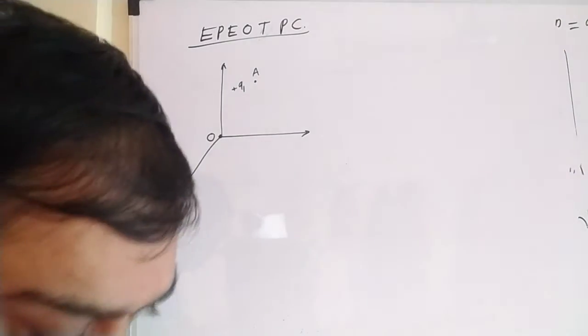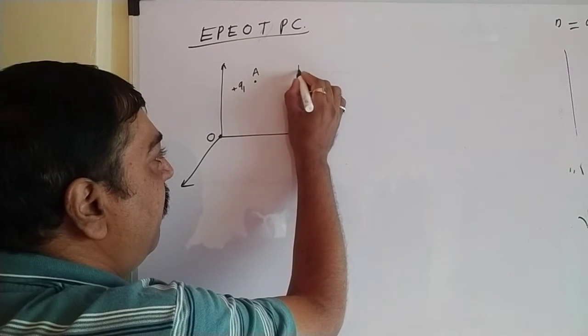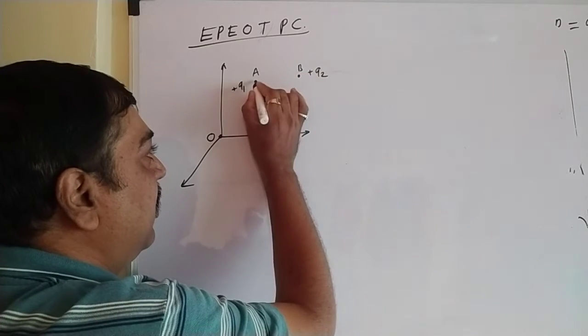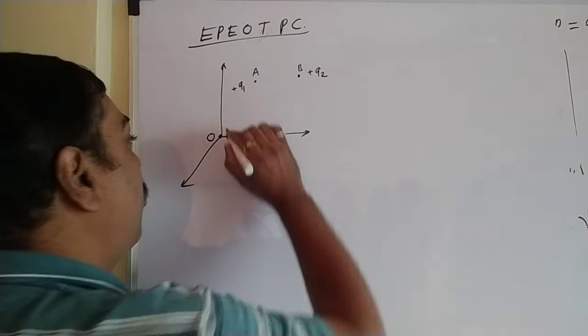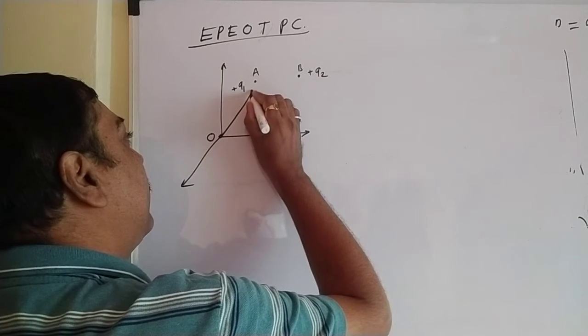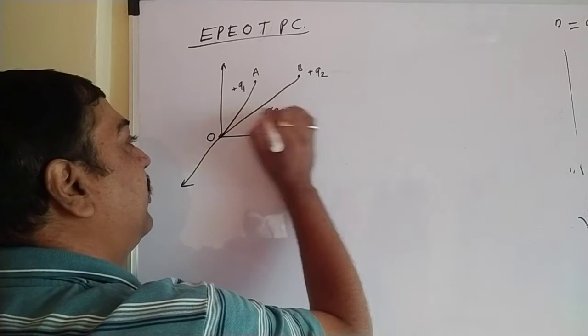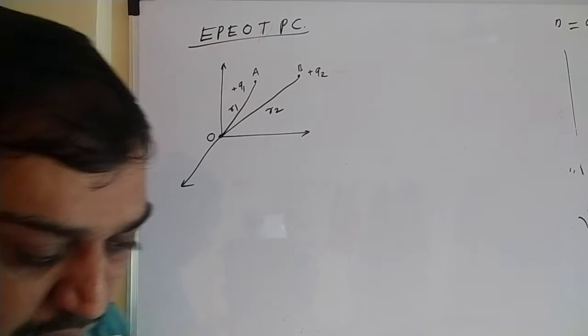The other charge is kept at point B as plus Q2. As both are plus, there must be repulsion. Now connect these 2 charges to the origin: Q1 is kept at distance R1 and Q2 at distance R2 from the origin.